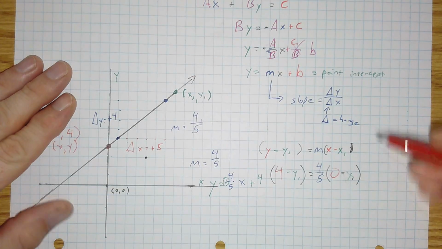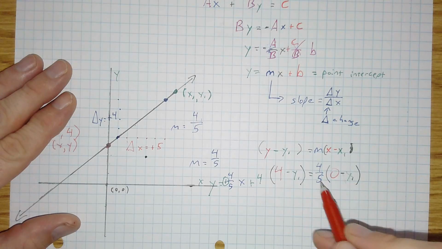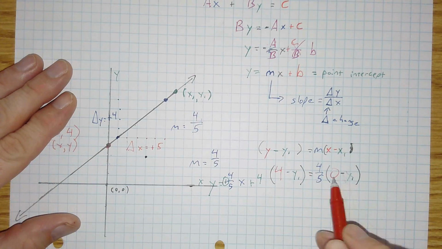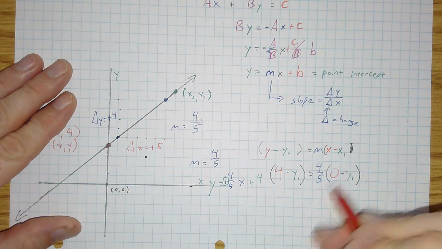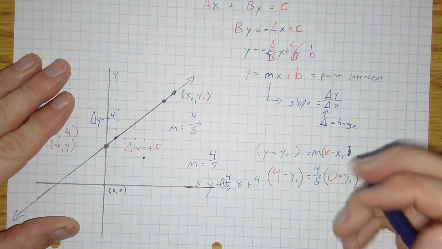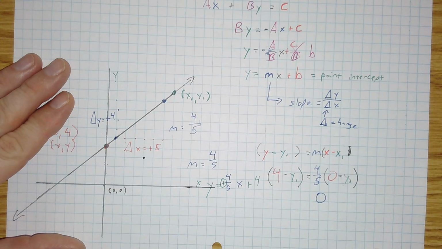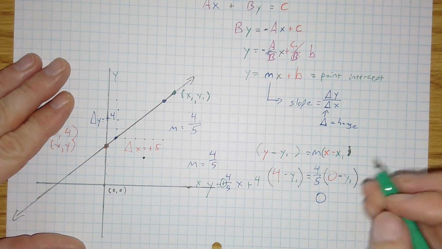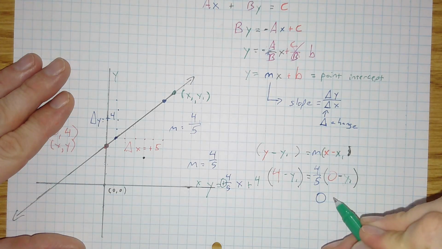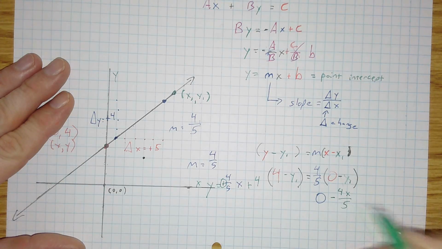All right, so first we're going to distribute this 4/5 into our polynomial over here. So 4/5 times 0 is going to be, correction, 0, and then 4/5 times negative x is going to be negative 4x over 5.